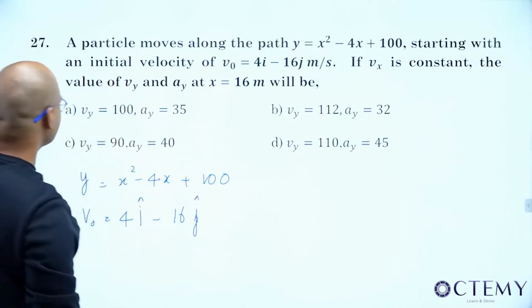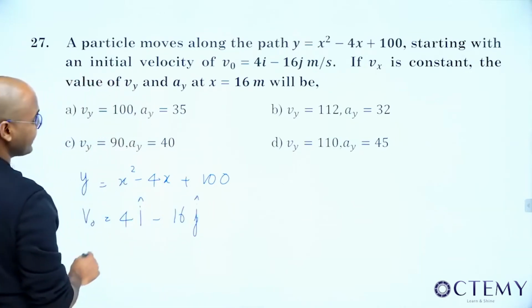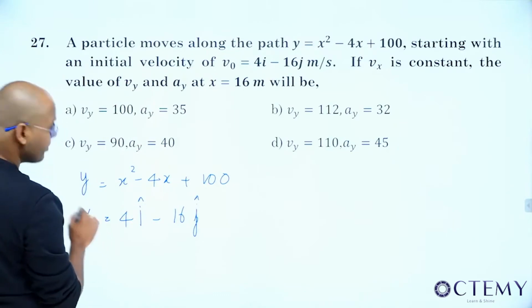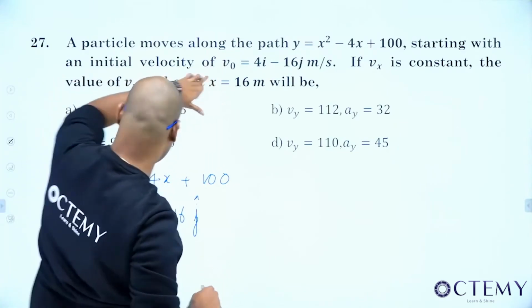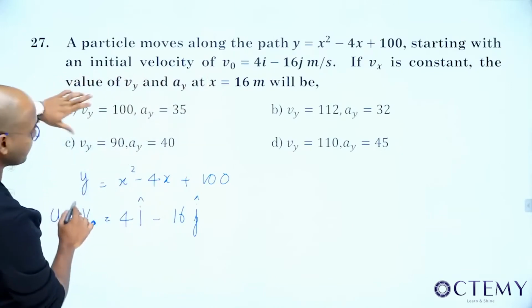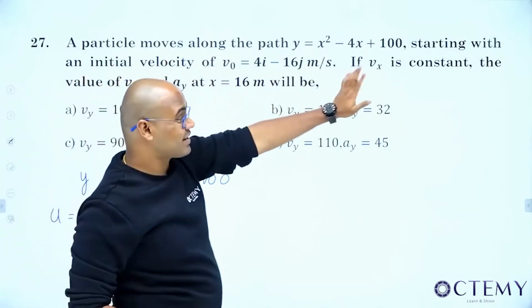If Vx is constant, that means velocity in x direction is constant. So remember, this is v0, that is u. Like generally we use u, but he has given it as v0.